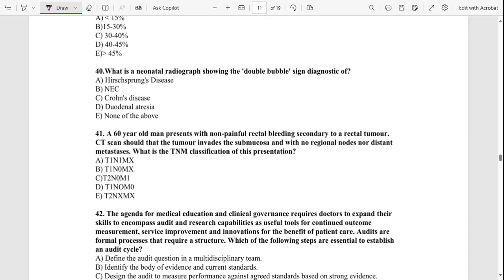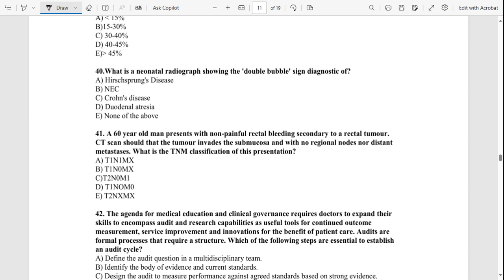What is a neonatal radiography showing the double bubble sign diagnostic of? This is the thing they brought, isn't it? Okay, anyway, let's forget about that.